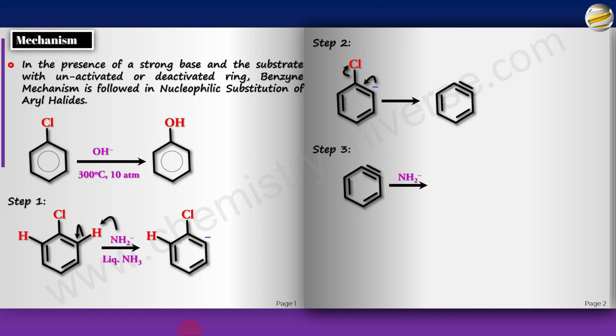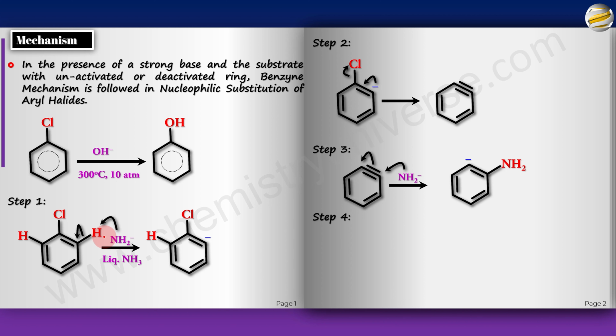Remember, this amide has taken the proton and become ammonia. So another amide comes and attacks one of the carbons of benzyne, and the bond that has been drawn outside breaks and goes to the adjacent carbon, and you get a negative charge there and the nucleophile gets attached.